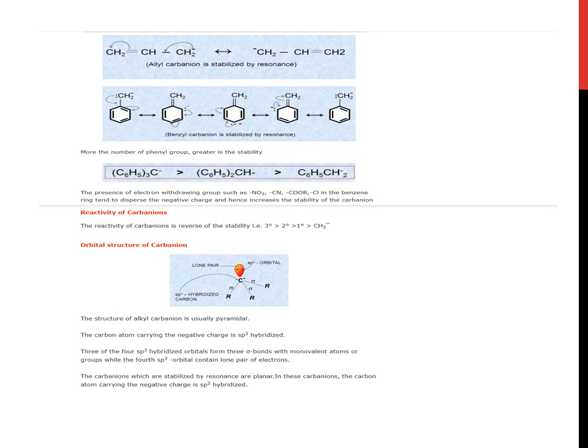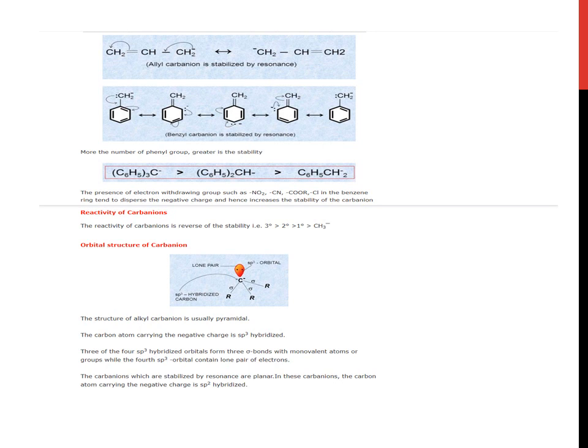This concept was also done in the case of carbocation, but there it was distribution of positive charge. Here it is distribution of negative charge. The more phenyl groups, the greater the stability. The same concept applied in carbocations. That is, C6H5 thrice C negative is greater, then C6H5 twice CH negative is greater than C6H5 single CH2 negative.